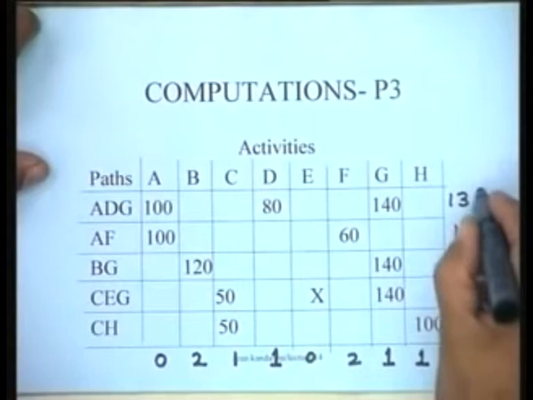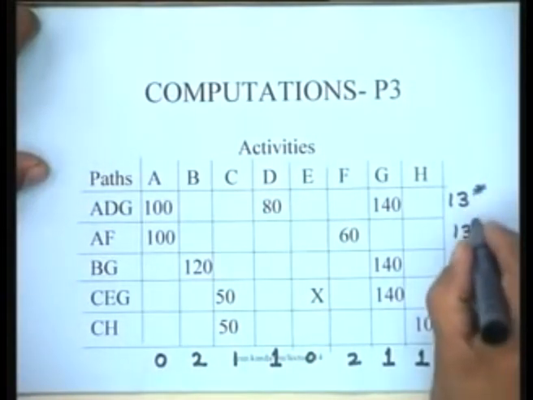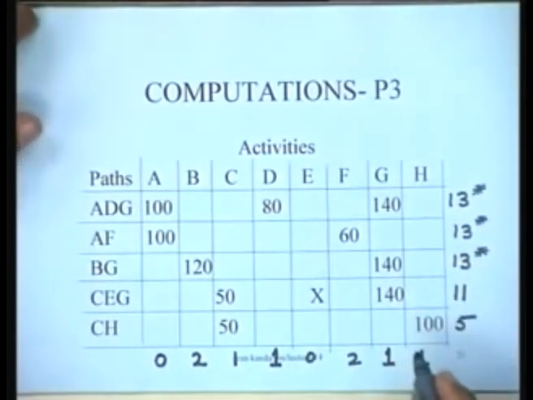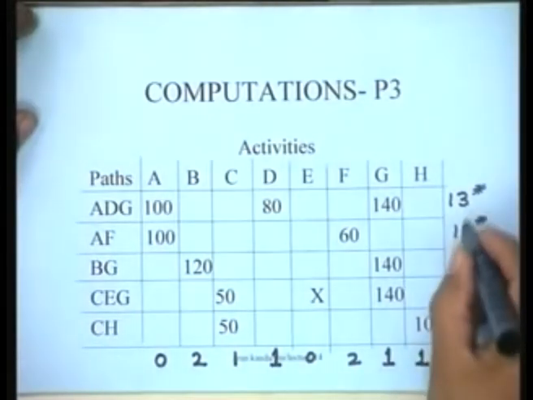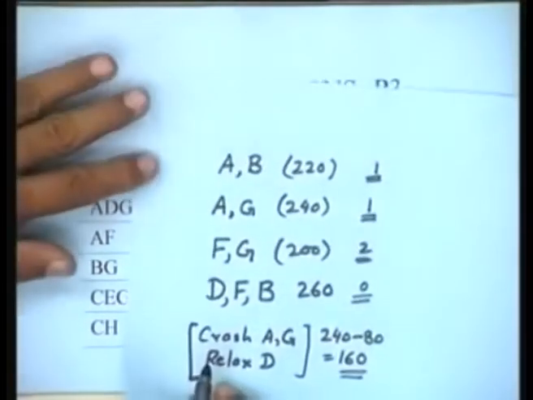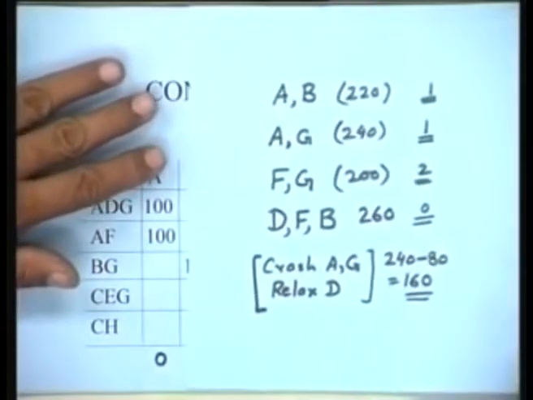At this stage I find again that there are 3 critical paths, but they are now of length 13. If I want to reduce the duration of the project further, what do I have to do? I have to again reduce the durations of these paths in some manner. Since these are the same paths, I have the same options which I had discovered earlier.